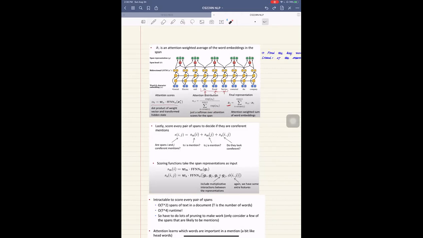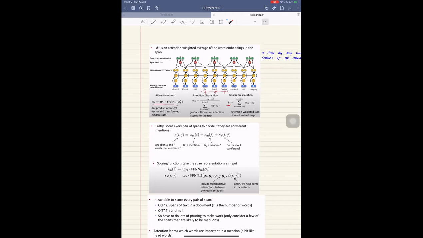I would say the core idea is to find the weight of each word relative to the span, and then do a weighted average of each word within the span. For example, 0.1 times "the" plus 0.1 times "postal" plus 0.8 times "service." After we do this, the span is going to pay more attention to "service."